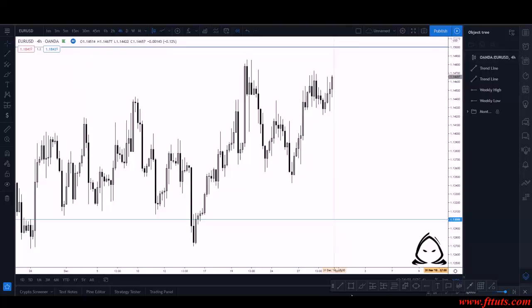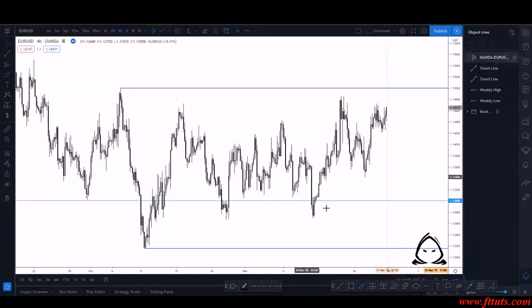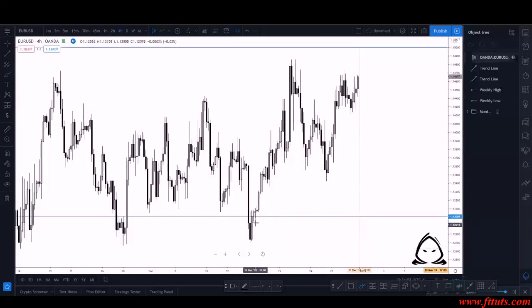If we look, we have created a bit of complex structure within this daily chart, but what we can see is we've created an impulsive move to the upside, created a low, we broke this high here, and then we broke this high here, so we're trading in this overall range.